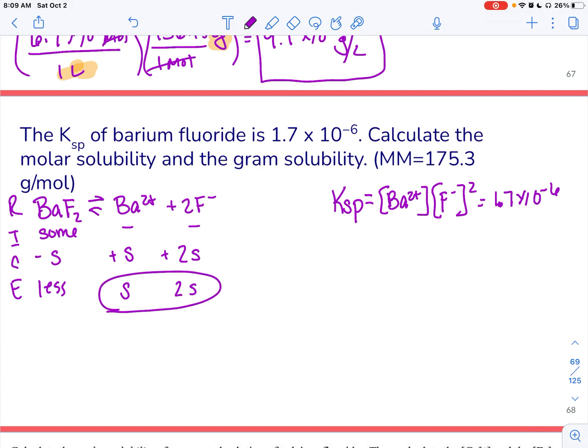So instead of just plugging S's into our Ksp expression, we're going to use S for Ba2+, and then 2S for F-, and then of course that is squared.